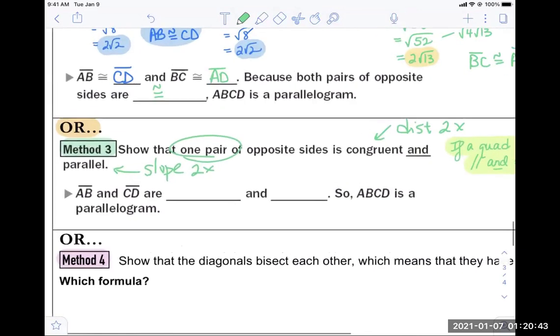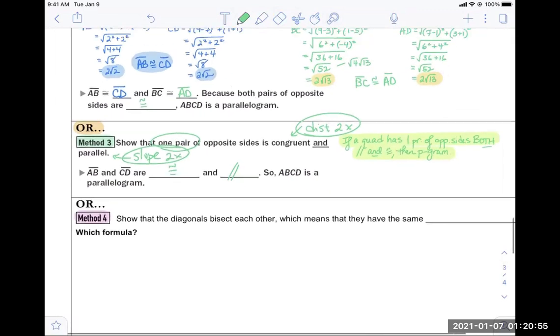So AB and CD are parallel and, actually I'm going to say it the other way around, are congruent by doing distance twice and parallel by doing slope twice. Therefore, it's a parallelogram.